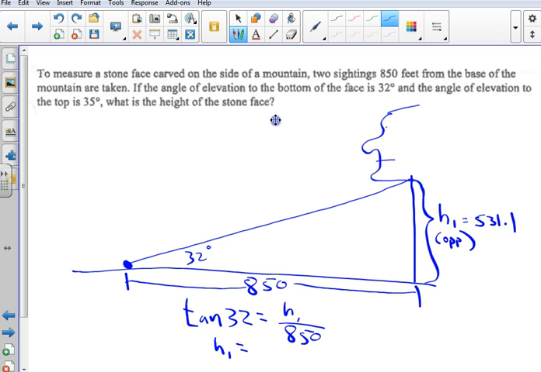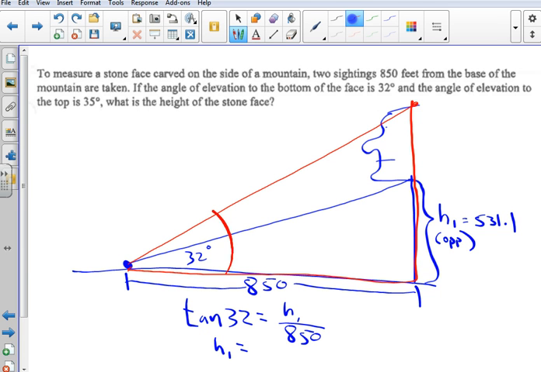All right. So we just keep that in the back of our head, because then we're going to go to this triangle. From the same spot, we measure to the top of the face, and we build this triangle. Now, we still have the same 850, but this angle is now 35 degrees. And so it's the same problem, except now h2 is what we're actually going to find.